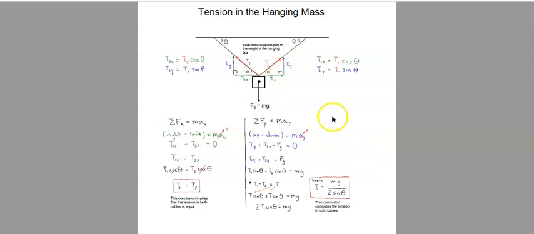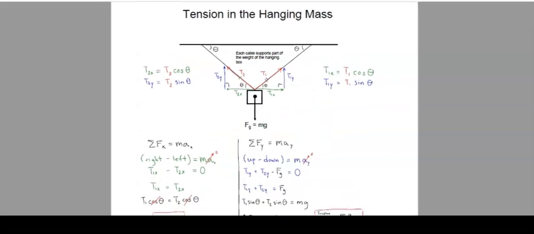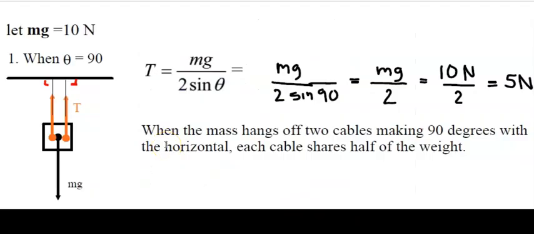Let's now do a quick examination of the magnitudes of tension based on this formula, T equals mg over 2 sine theta, for varying angles from 90 degrees down to 0 degrees. Let's let the weight of this object, mg, equal 10 newtons. It's an easy number to work with.